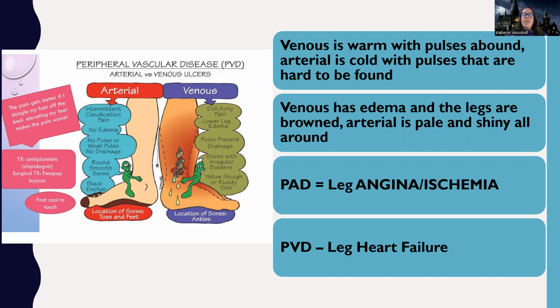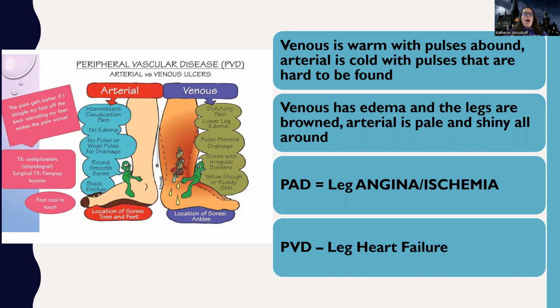And then venous problems are where I'm having difficulty getting blood that has dropped off that oxygenated blood, deoxygenated blood, back to my heart. So arterial is getting things down and venous is getting them back up to my heart.